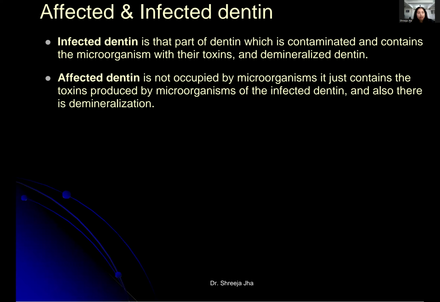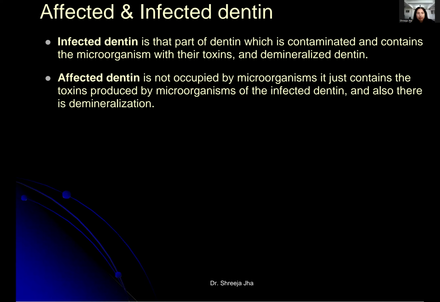And what is affected dentin? It is not occupied by the microorganisms, but it only contains the toxins produced by them. And also there is demineralization. Demineralization is common, but the presence of the microorganisms and the toxins produced by them differs. So my question is, what should be removed, infected or affected dentin, from the tooth structure while cavity preparation? Of course, the infected dentin.